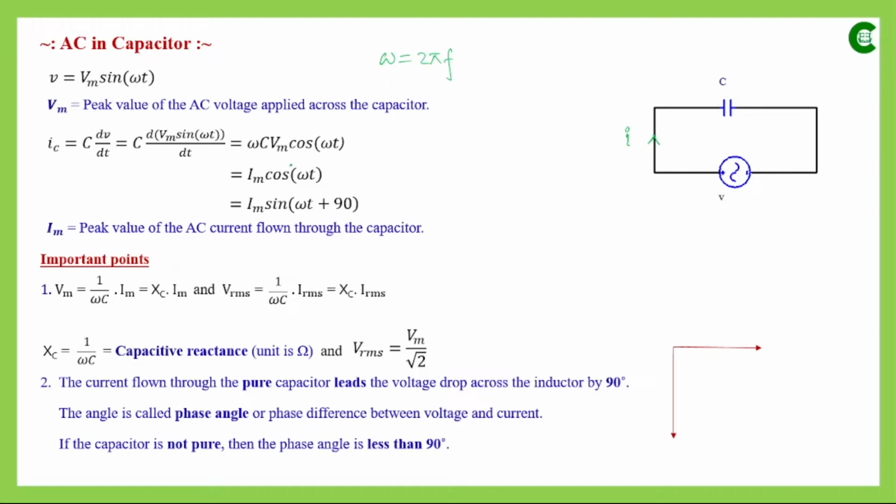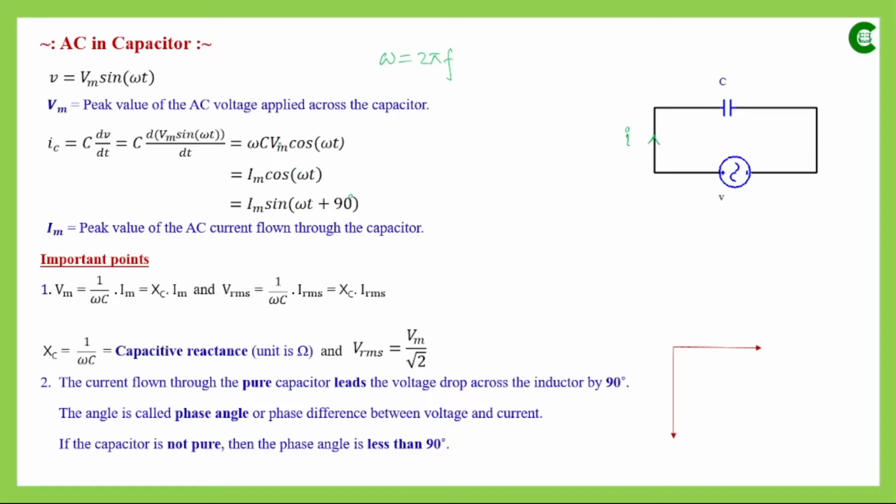Since the voltage we applied was sinusoidal in nature, it will be expressed in terms of a sinusoidal wave or signal. So by the rule of trigonometry, we can write cos omega t as sin(omega t plus 90 degrees). This angle, 90 degrees plus omega t, lies in the second quadrant, where the sine is positive.